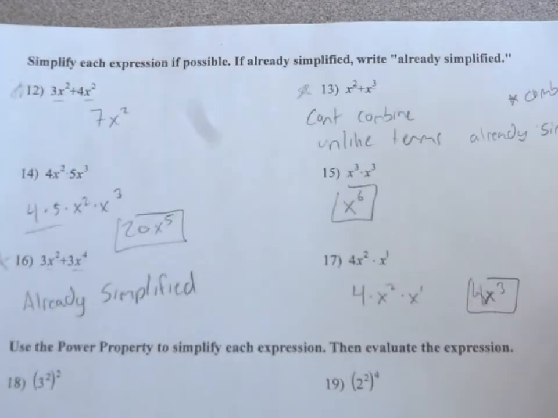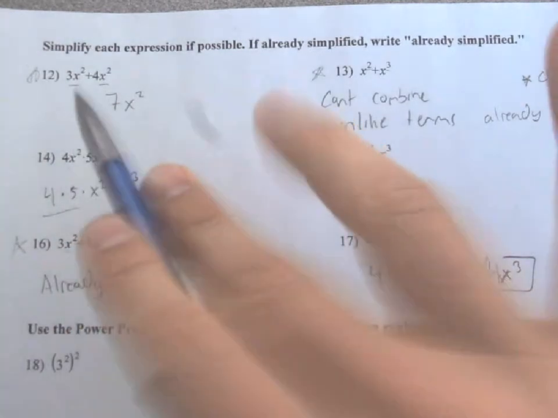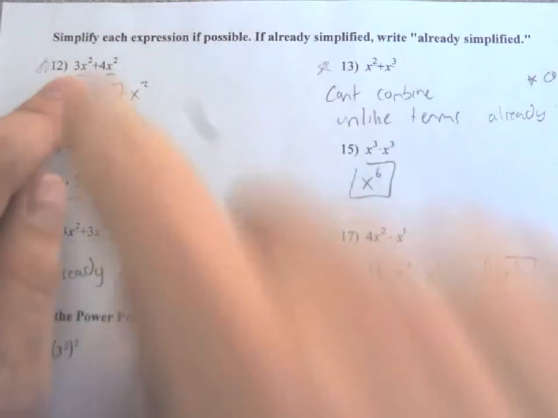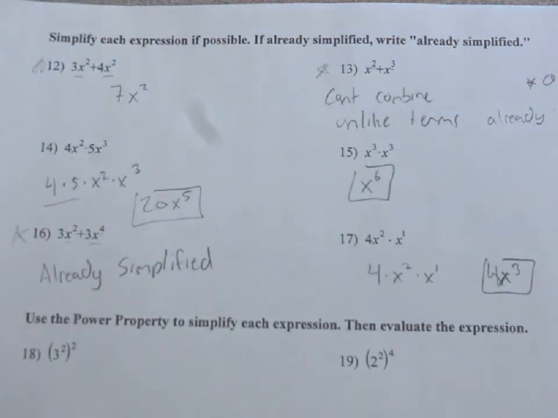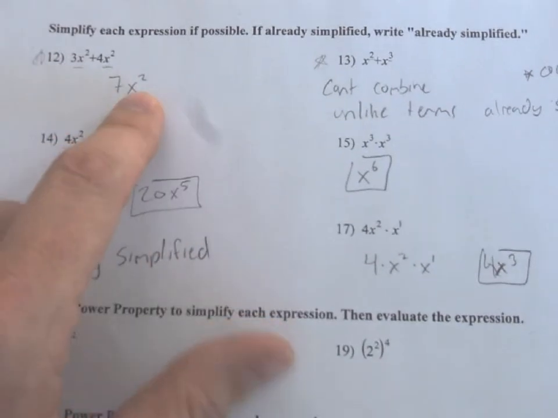Okay, so again, you got to kind of watch yourself. This is easily confused. Okay, if you see a plus in the middle of the two terms, the two pieces, right? It's a combined like terms idea. You have to check to see if the variable is the same and the power is the same, and if they are, like in number 12, you can combine them, but the exponent doesn't change.